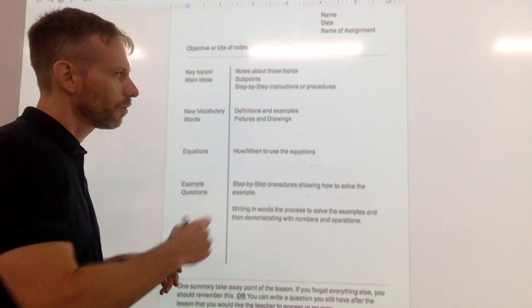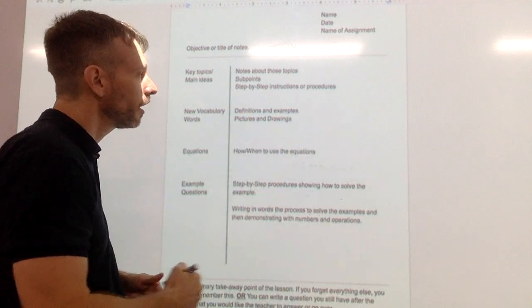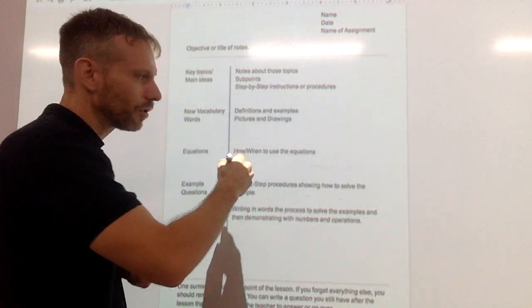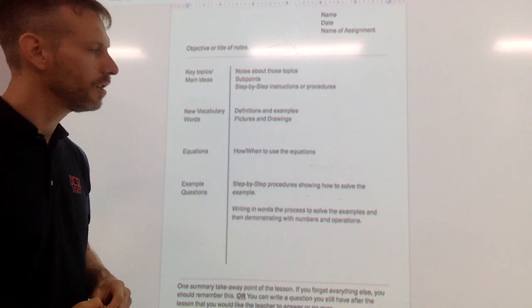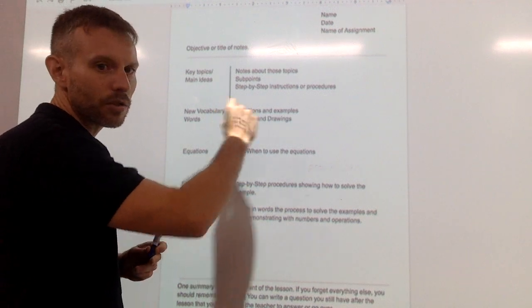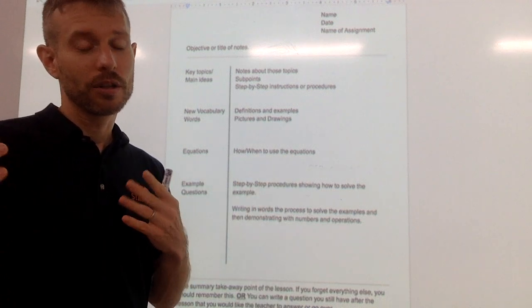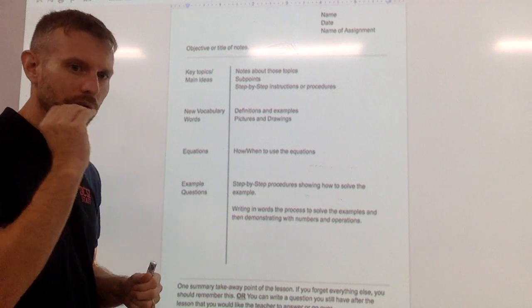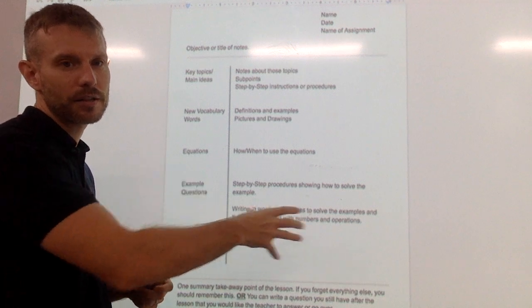What I write on the board is actually doing the multiplication, but maybe I don't write step 1, do all of the multiplication first. Step 2, do all the addition first. Maybe I'm just verbally saying those procedures and then solving an example at the same time. So you're going to need to write down both of those things: both the verbal procedure that I'm saying in addition to the example.